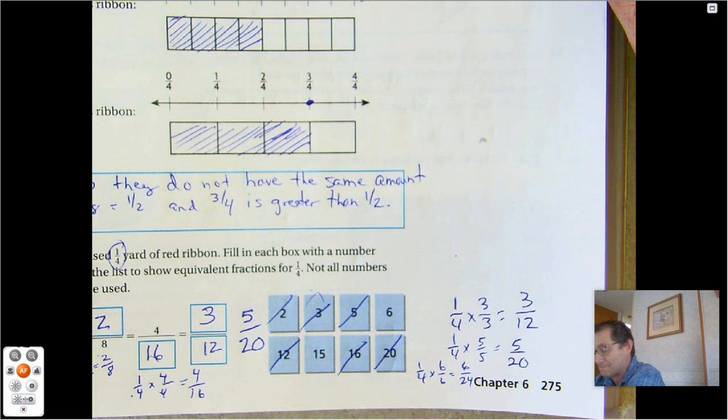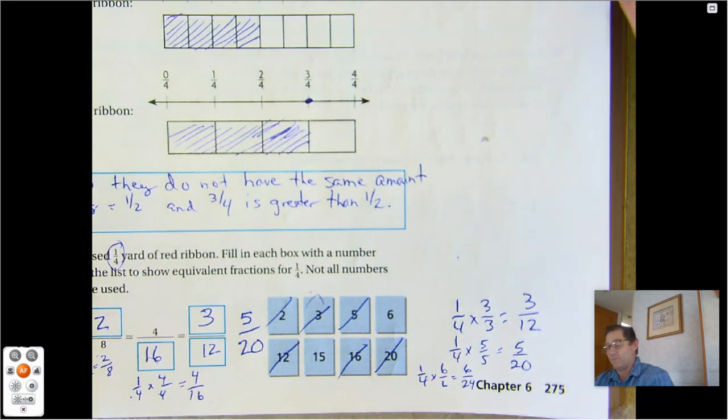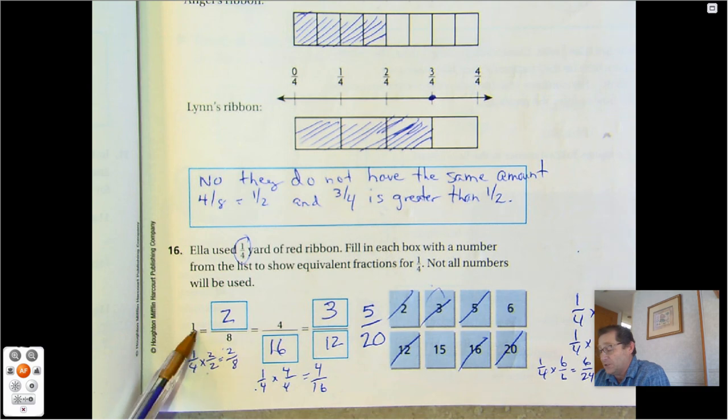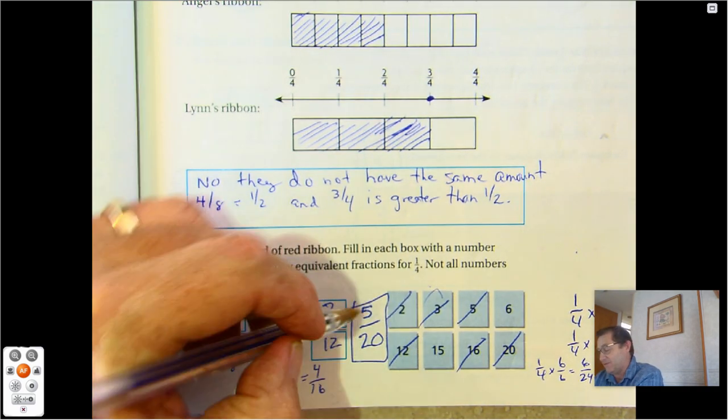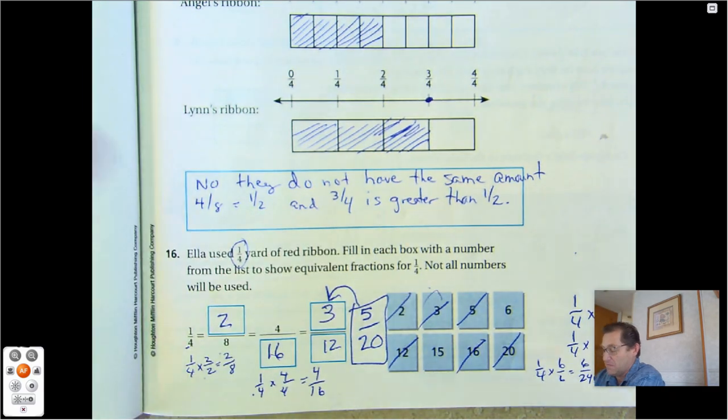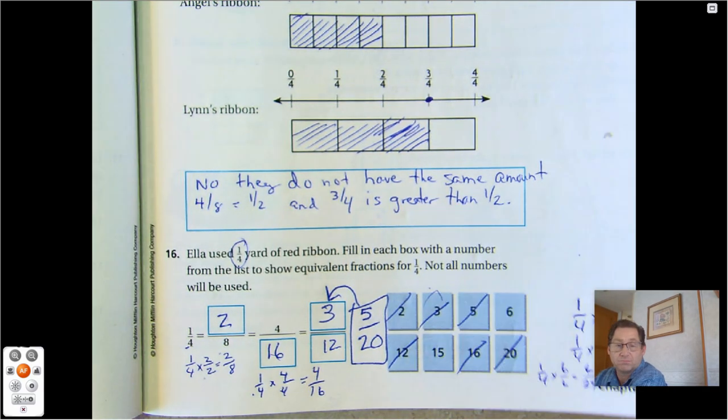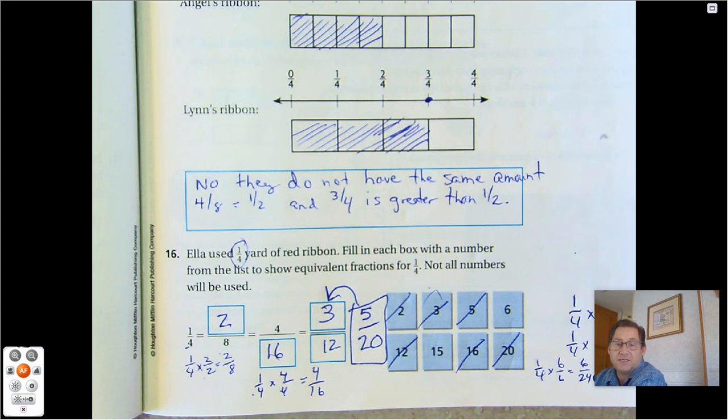If we are looking at a pattern, 1, 2, 4, it probably wouldn't be 3. It would probably be the 5/20 instead. But they are both equal to 1/4. Okay, so fill in each box with a number from the list to show equivalent fractions for 1/4.